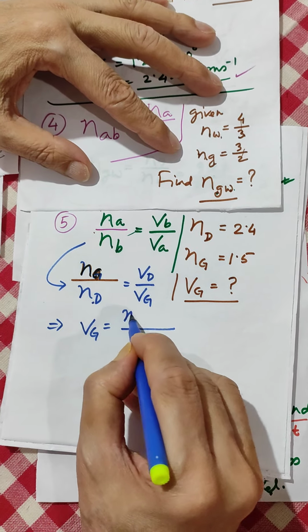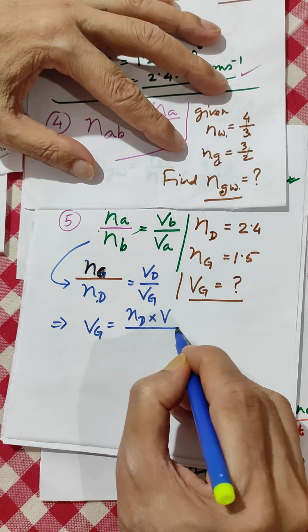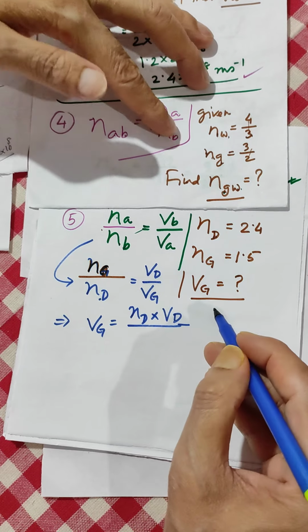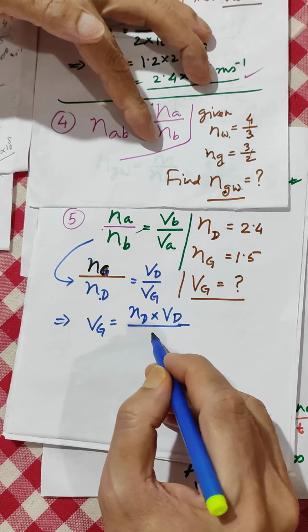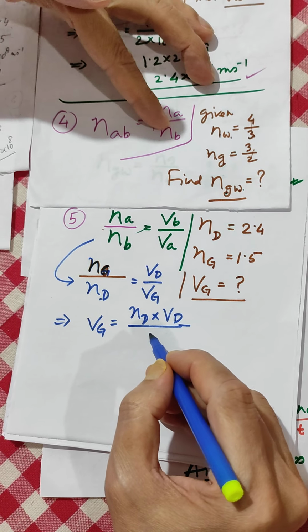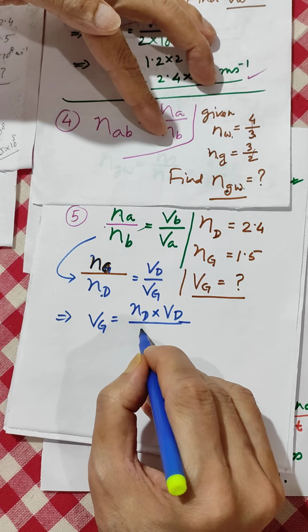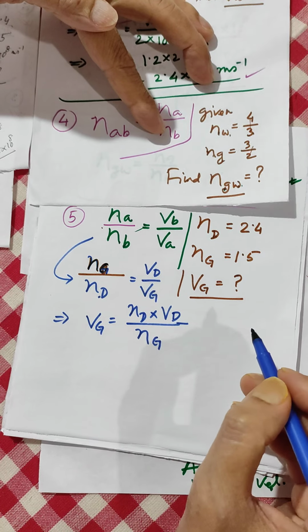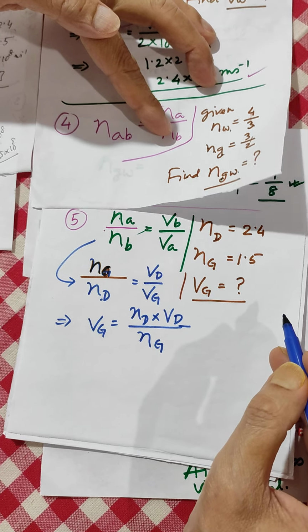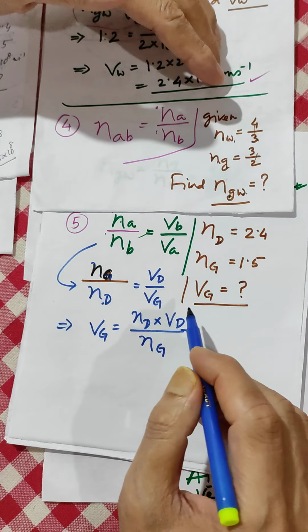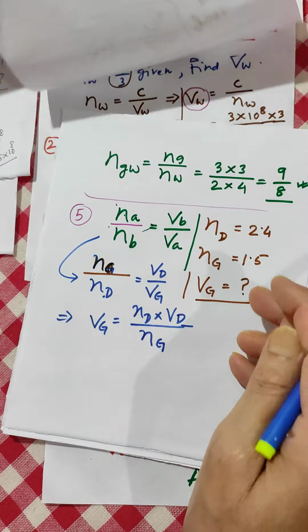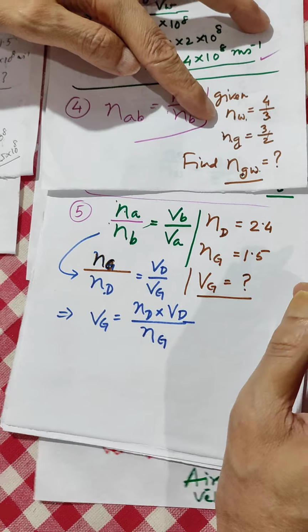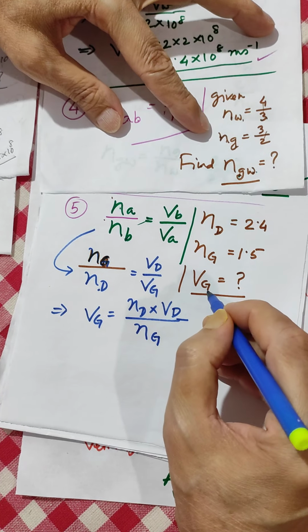That means refractive index of diamond into velocity of light in diamond, divided by refractive index of glass. Now, there was a change in the question: velocity of light in glass is given.